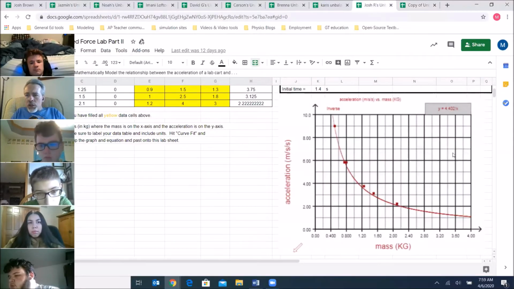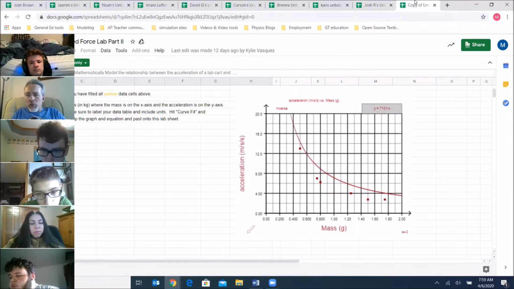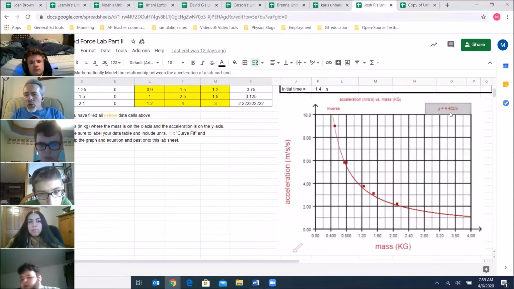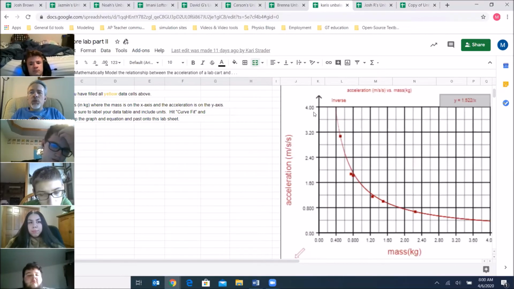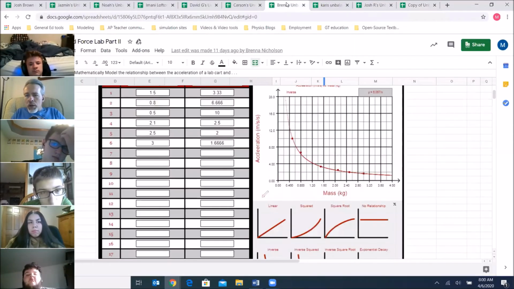For Josh R, maybe it's not 0.7, maybe it's 7.1. Sorry. For Josh, it's 4.402 over x. For Kari, it's 1.522 over x. Brenna, again, it's kind of hard for me to see.